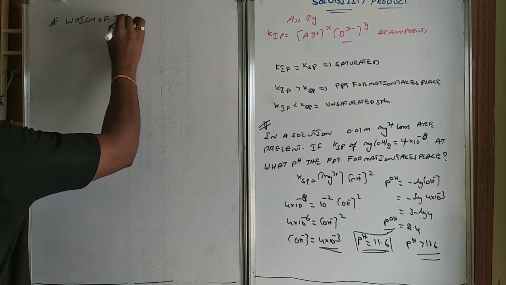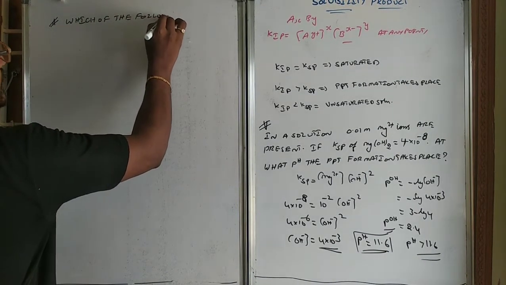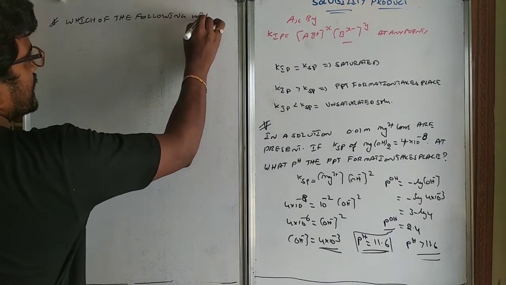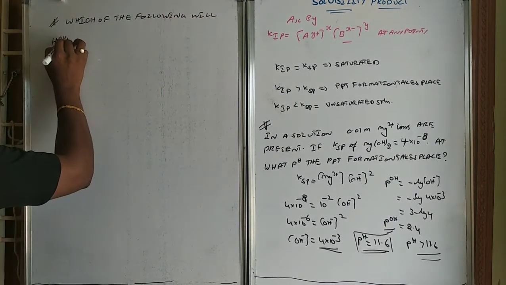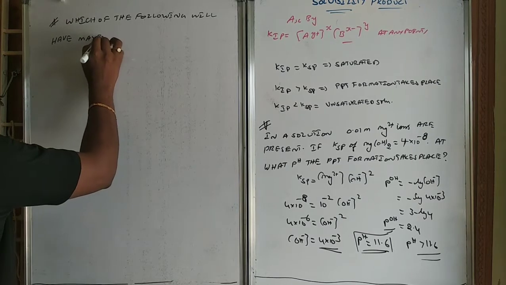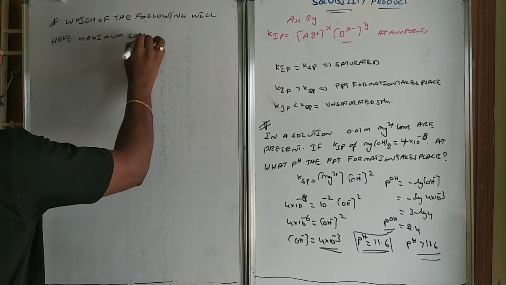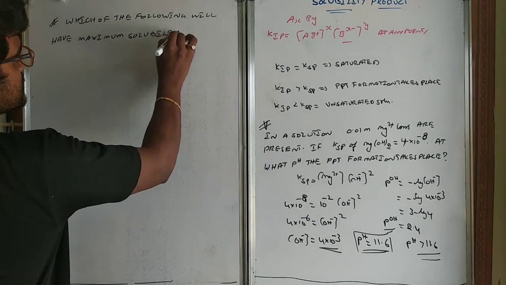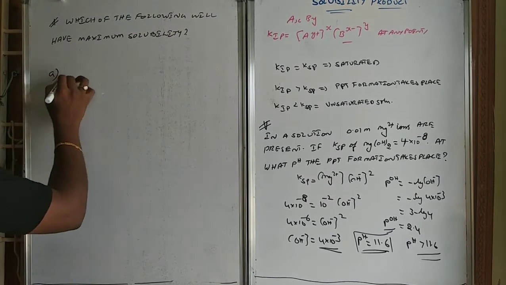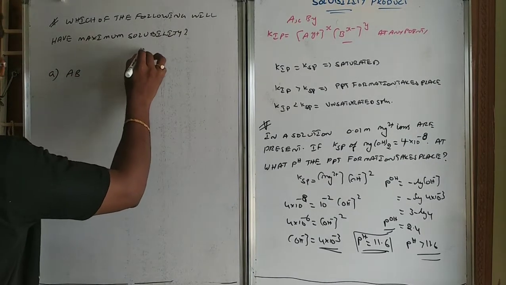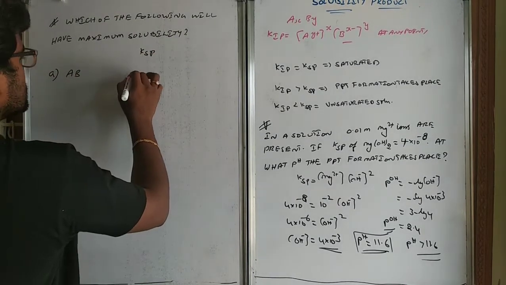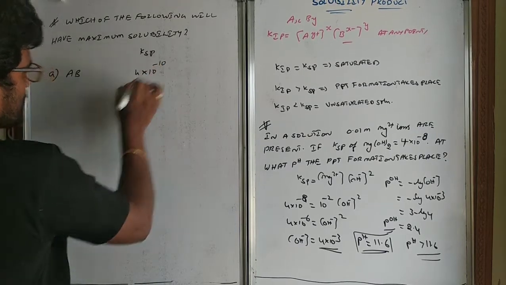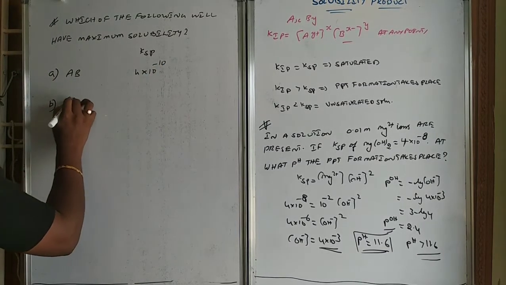Which of the following will have maximum solubility? Option A, AB salt with Ksp value 4 into 10 power minus 10.